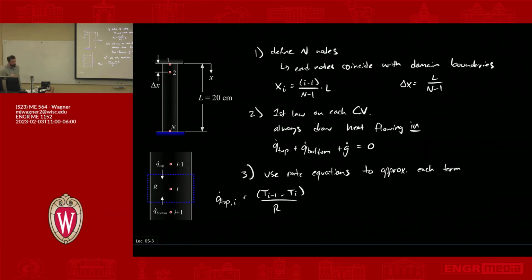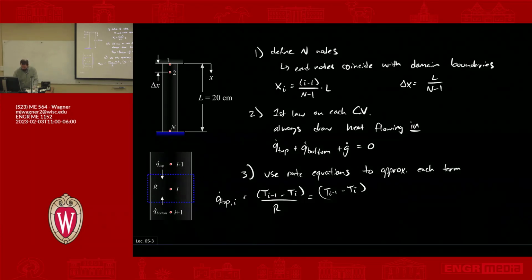And the resistance between the two nodes is going to be the conduction. It's basically a plane wall conduction, right? Because we're going in the direction axially. So that becomes, Ti minus 1 minus Ti, times K times AC over delta X.